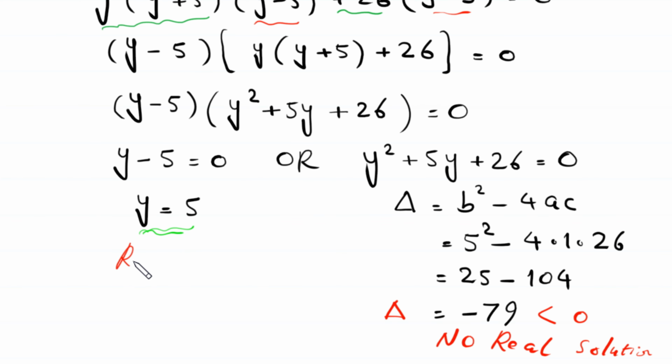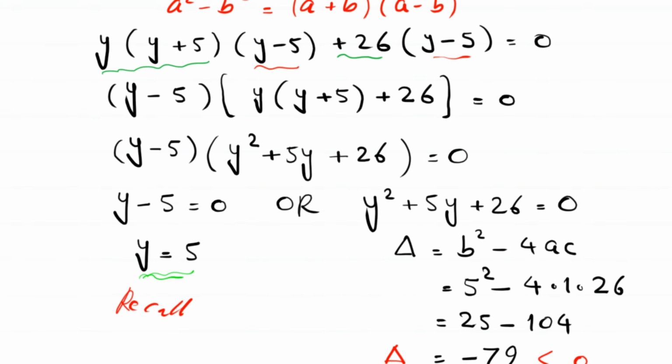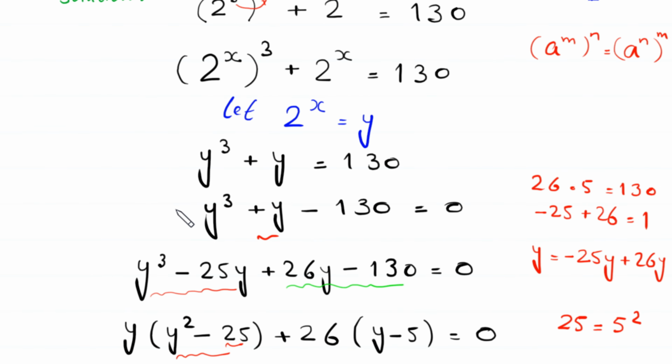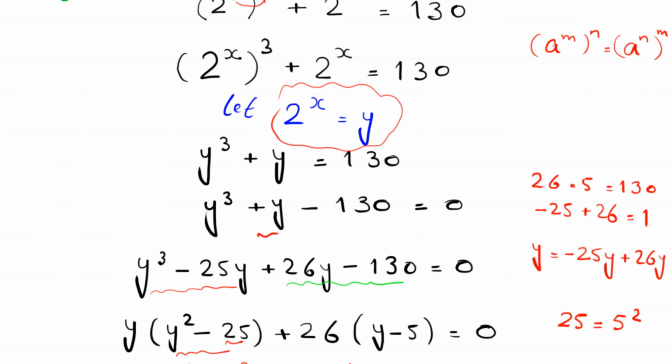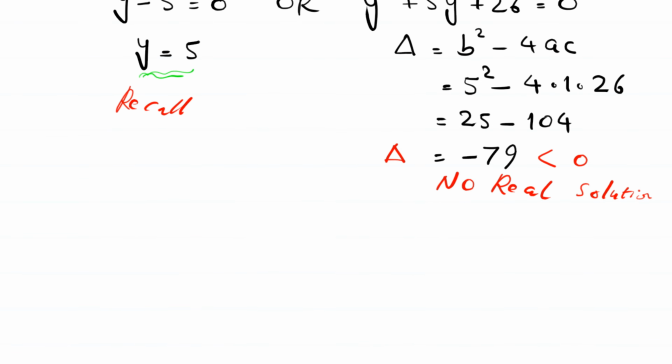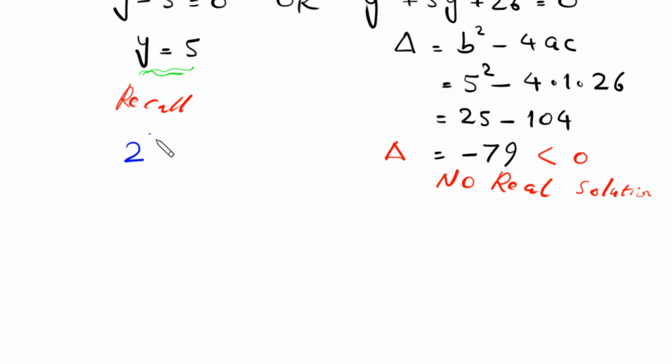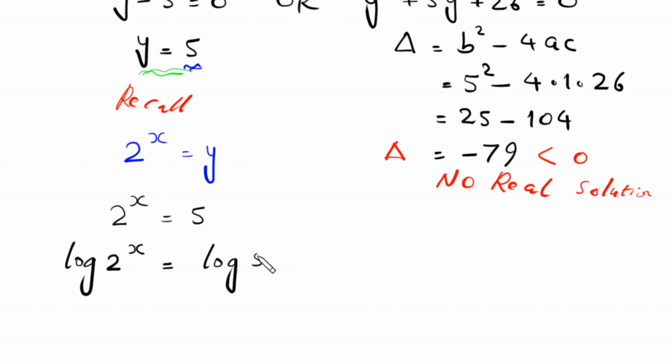And we recall that we have supposed that 2 to the power x is equal to y. So when y is equal to 5, then this equation will become 2 to the power x is equal to 5. And we take log of both sides. Log of 2 to the power x is equal to log of 5.